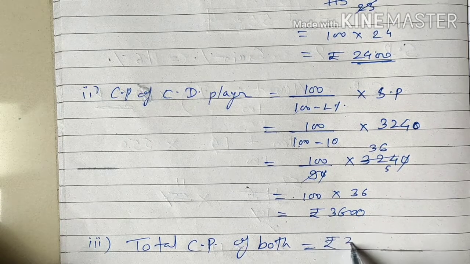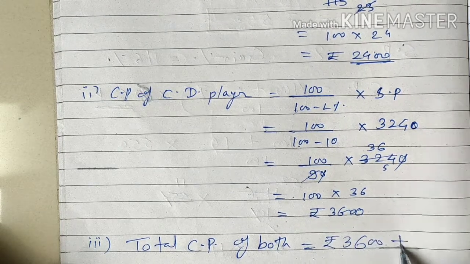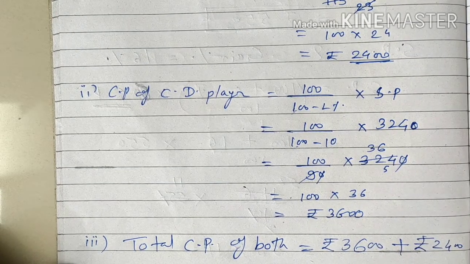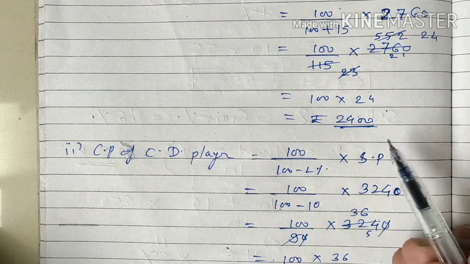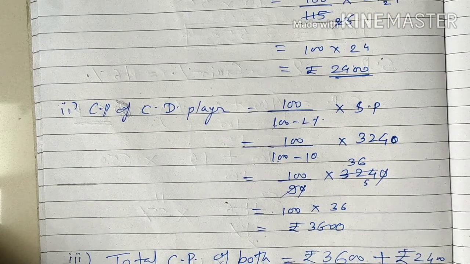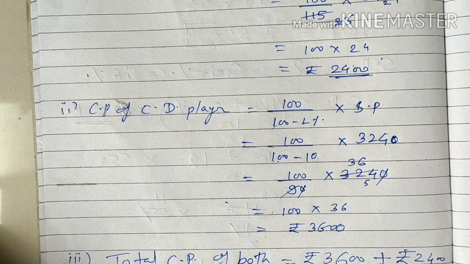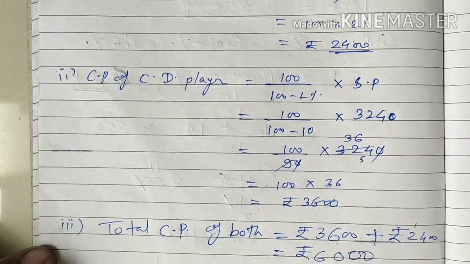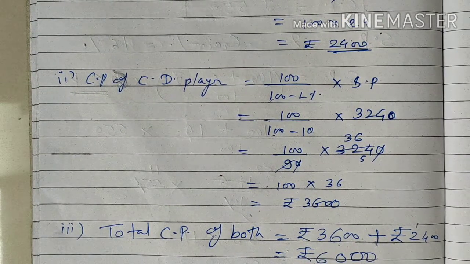So it is rupees 3600 plus rupees 2400, where 2400 is the cost price of the tape recorder. The addition of these two gives us 0, 0, 6 plus 4 is 10, 6000. Okay, 6000 is the total cost price of both.